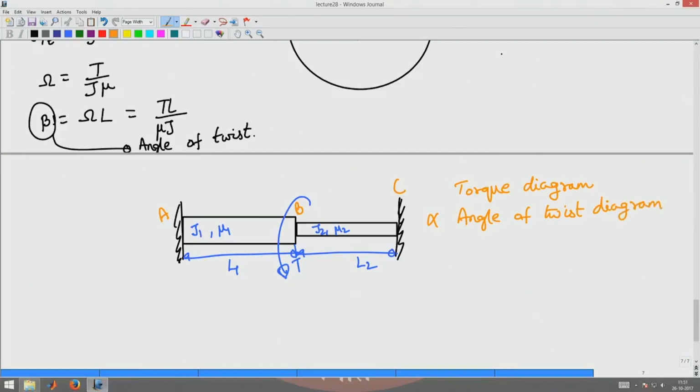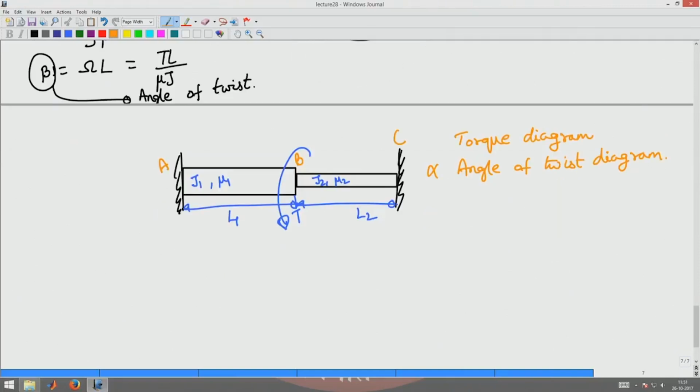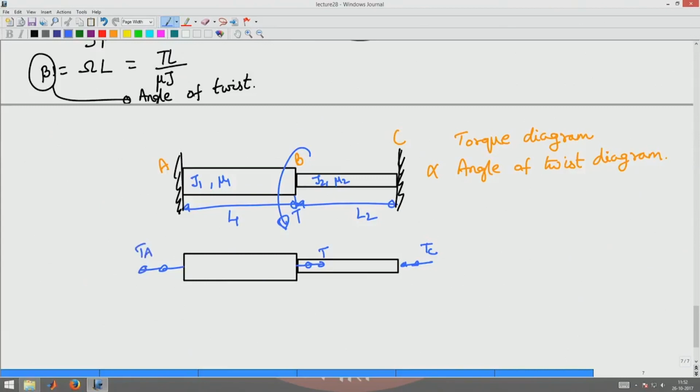I am interested in finding these two. Okay. Now, I know I have applied a torque T. This is a statically indeterminate problem because there are two fixed ends. Draw the free body diagram of the structure. There is a torque T applied here. There will be a reaction torque Tc there, and there will be a reaction torque Ta here.